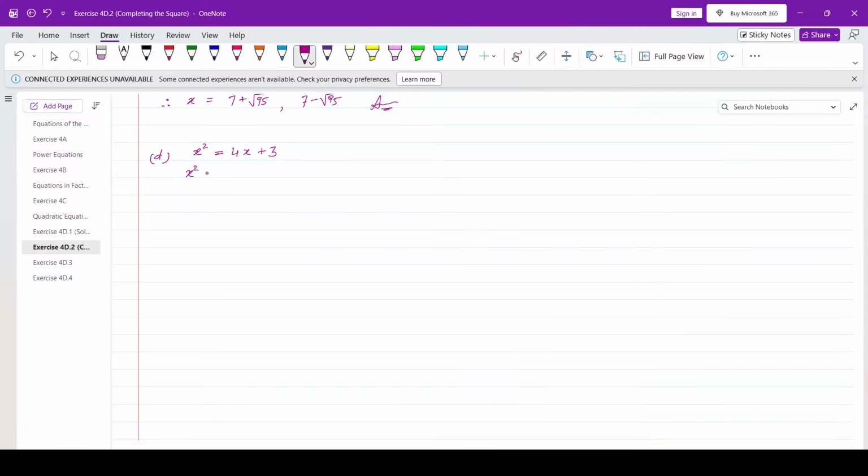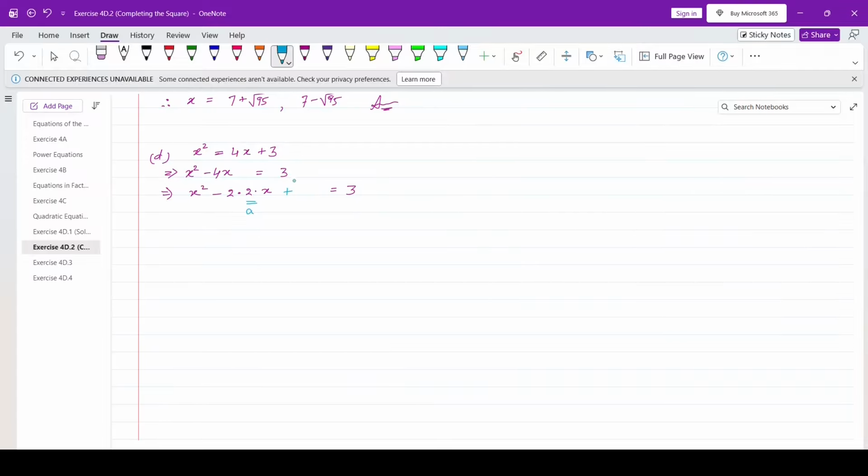D. X square is equal to 4x plus 3. So x square minus 4x is equal to 3. Now we can rewrite it x square minus 2 times 2 times x is equal to 3, and we can say this is a.